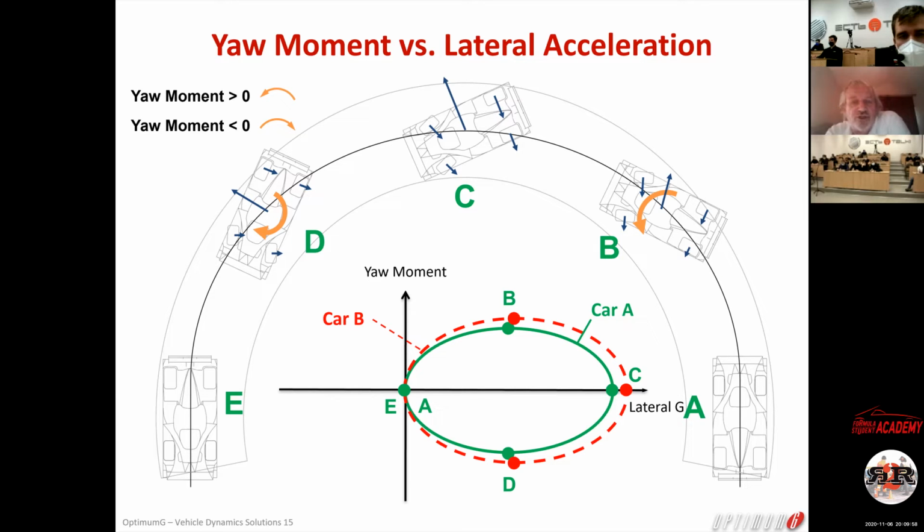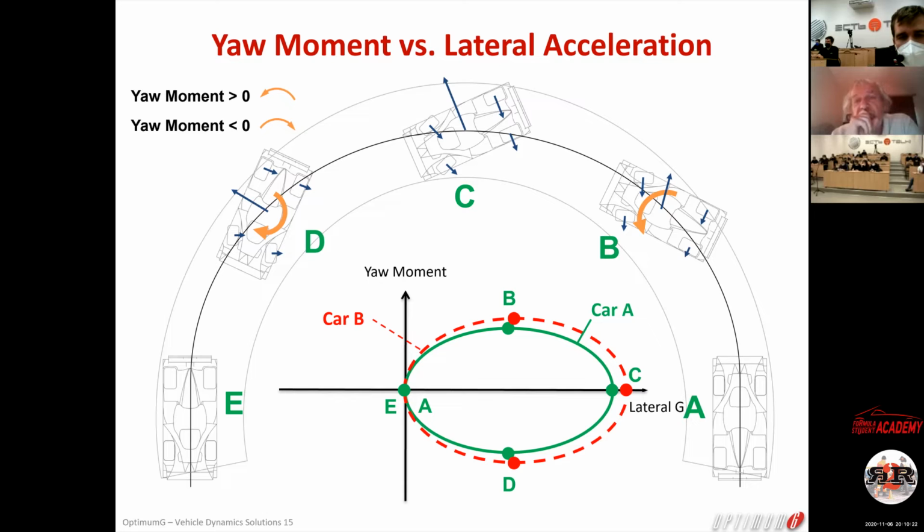So let's say that you need here at point B, 2,000 Newton meter. I'm putting a number just like that, 2,000 Newton meter. If you have 2,500, you have an oversteering car. If you have 1,500, you have an understeering car.